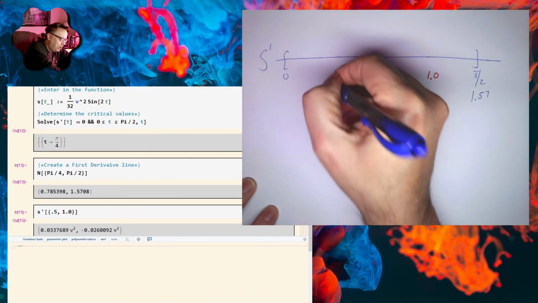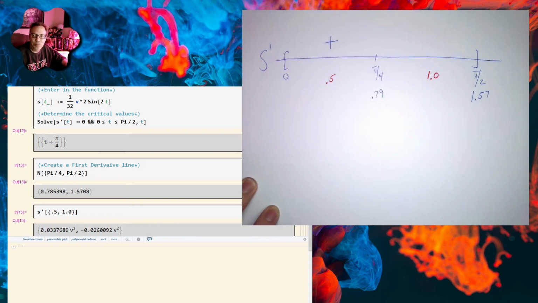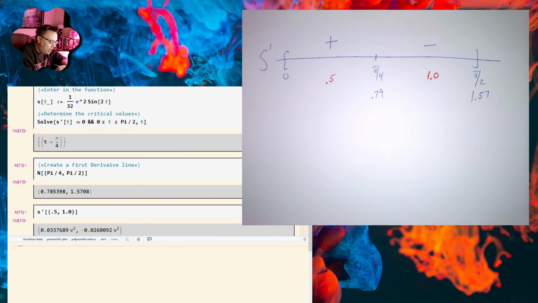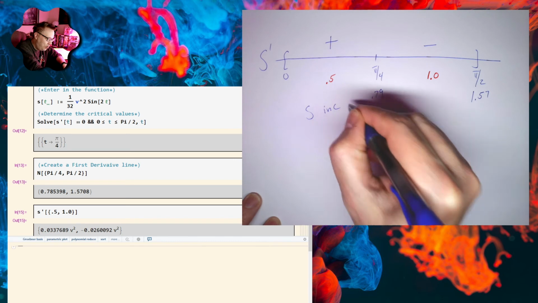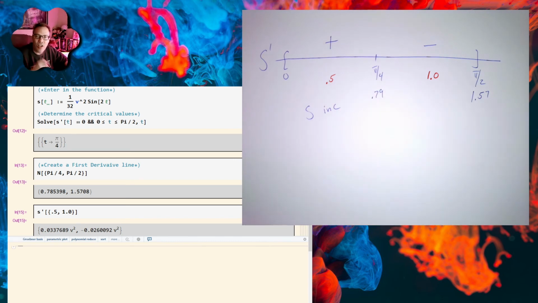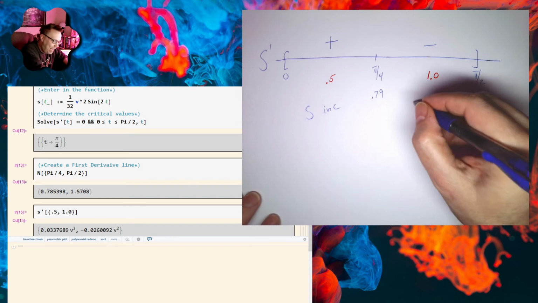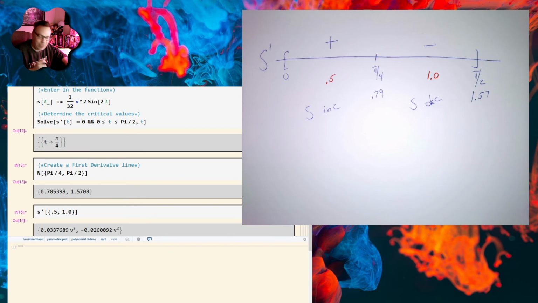So S prime of 0.5 was a positive output. S prime of 1.0 turned out to be a negative. So we know that S is increasing on the first part over here, and S is decreasing on the second part. So what does this tell us?